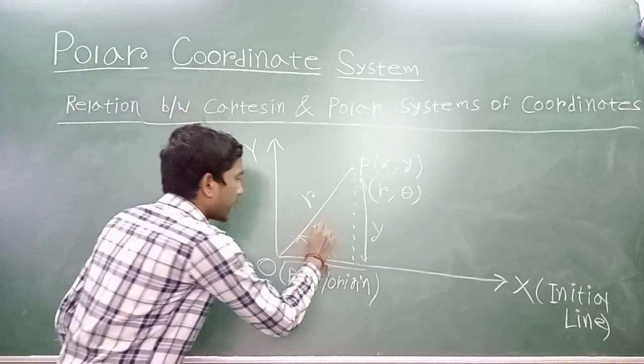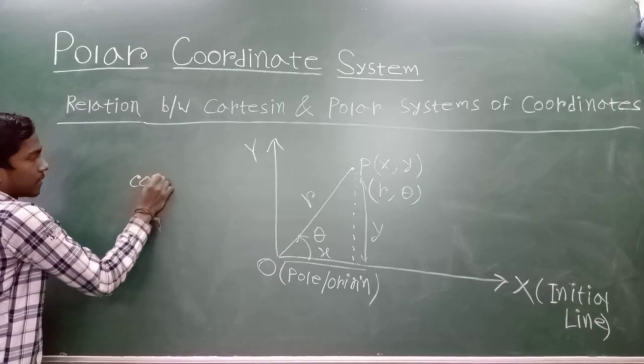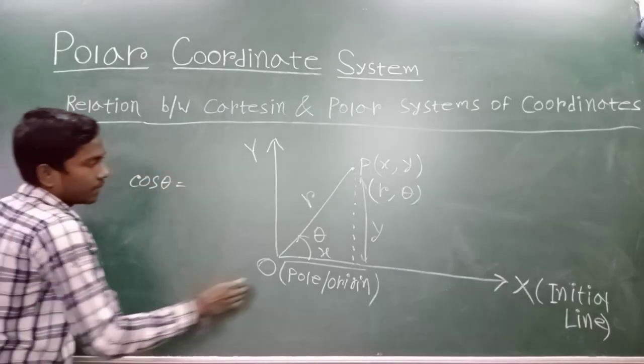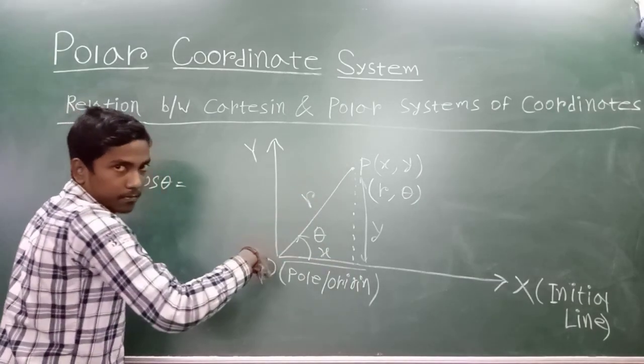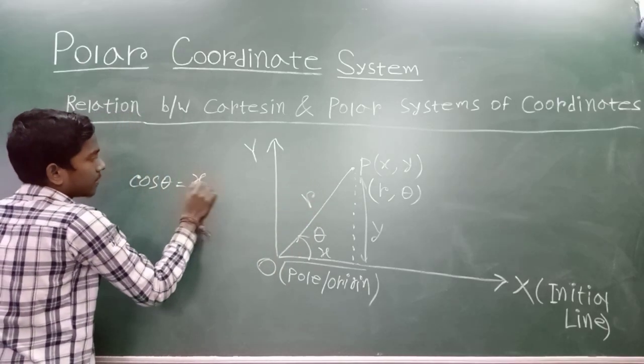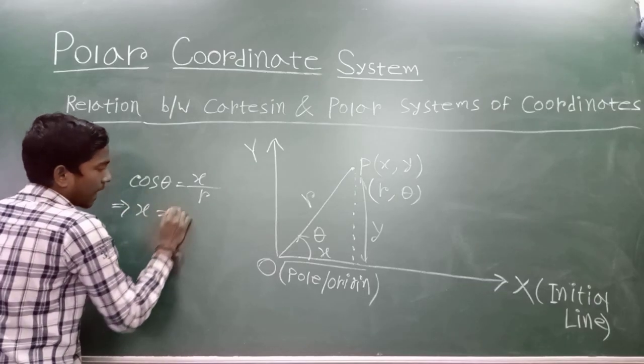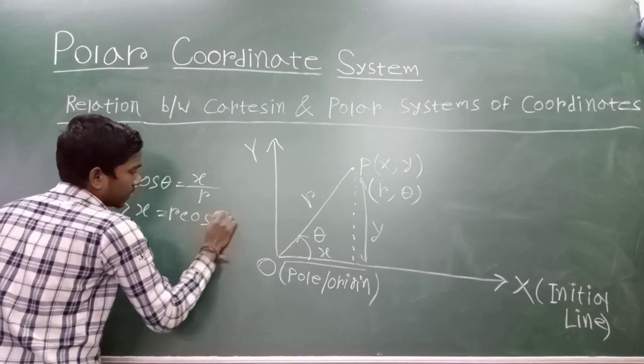How? With respect to this angle theta, we can write cos theta is equal to base upon hypotenuse. So x divided by r. From here we can derive x is equal to r cos theta.